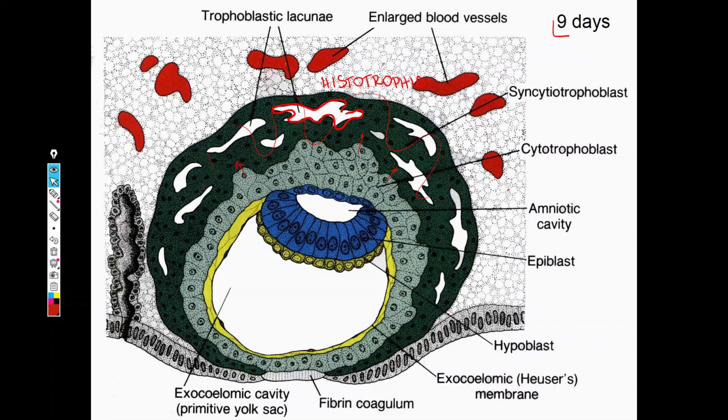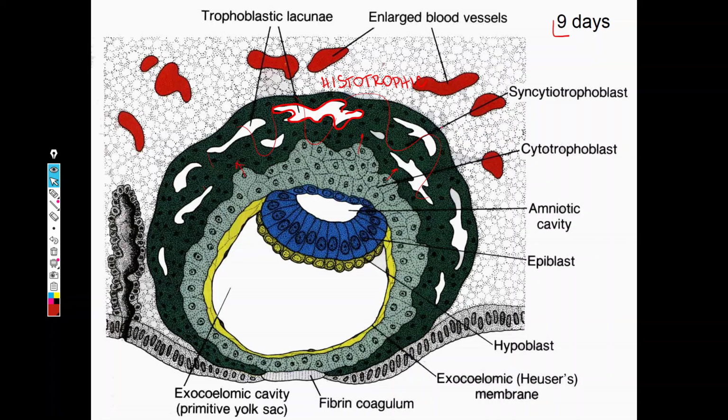Sinusoids are just like big wide capillaries which are ready for transfer of metabolites. Yeah, so for the exchange of metabolites. Yeah, they are very big and loose. So normal capillaries transform into sinusoids here.